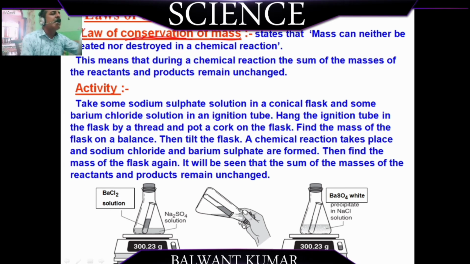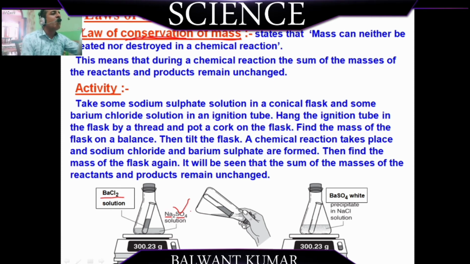Okay. In a chemical reaction, here a chemical reaction is carried out between sodium sulfate and barium chloride. Na2SO4 is sodium sulfate. In this lesson, you will study about the symbols of elements too. But here just remember that Na is the symbol of sodium and SO4 is the formula of the polyatomic ion, sulfate ion.